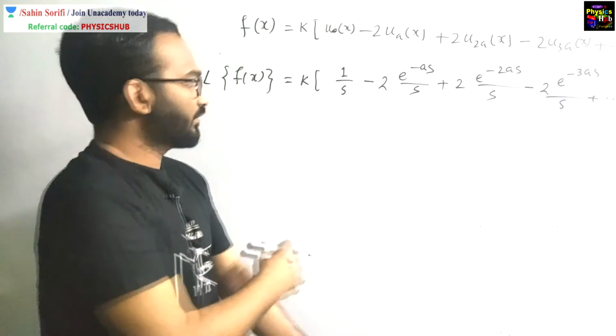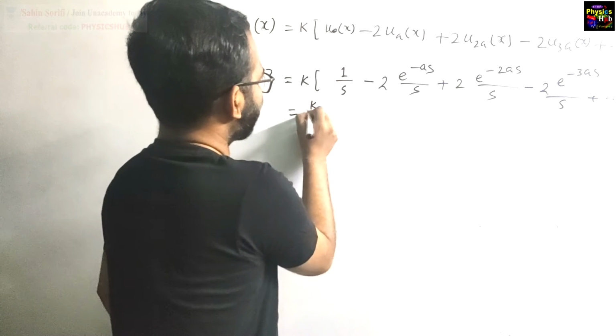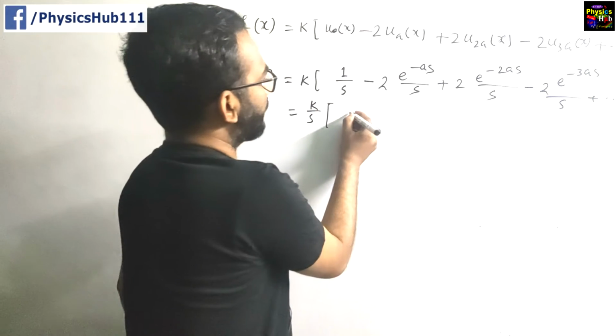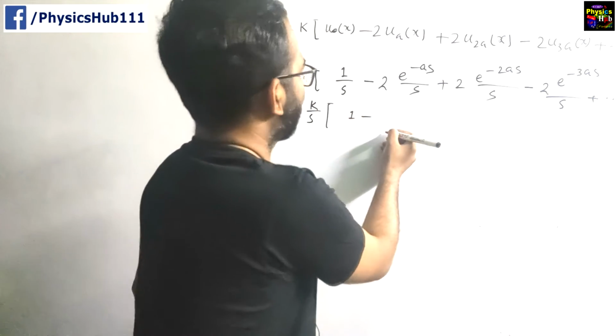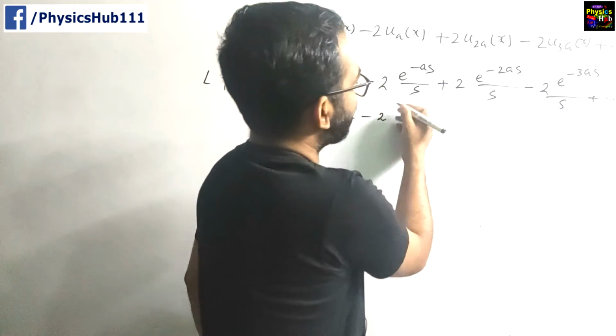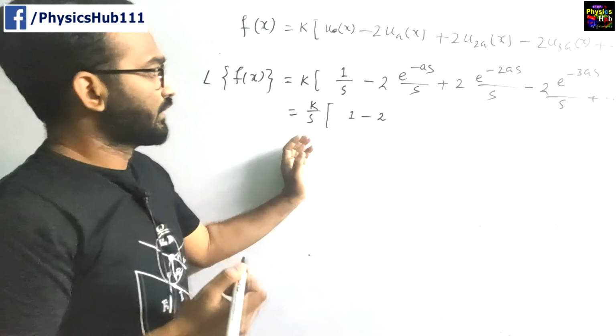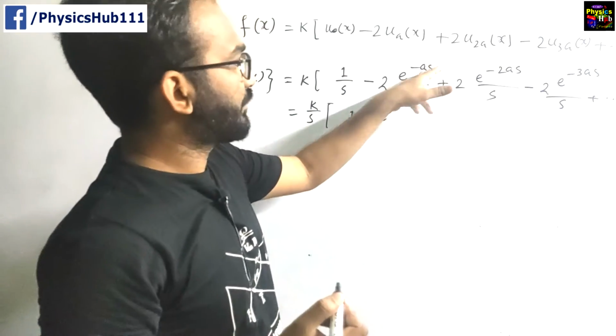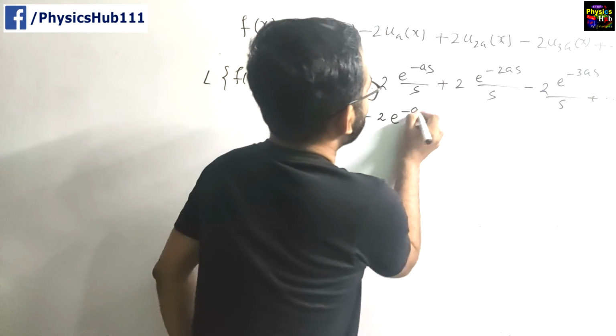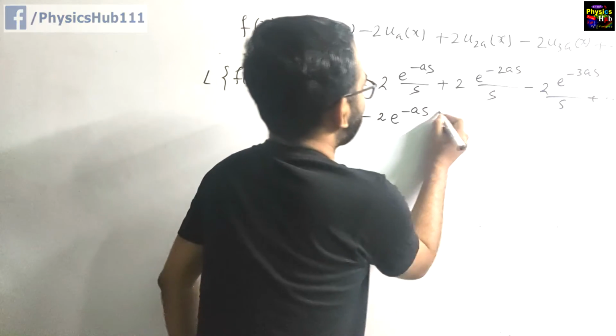Okay, so you can see we can take 1 by s common, so it becomes 1 minus 2 into e to the power minus as. You are taking s common, you are taking 2 common, you are also taking e to the power minus as common from here. Then what will you get?